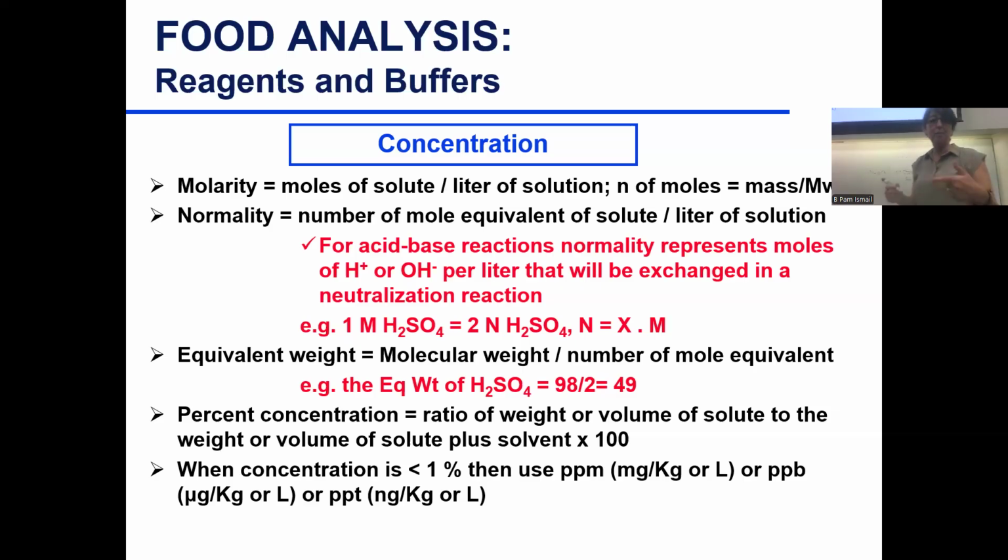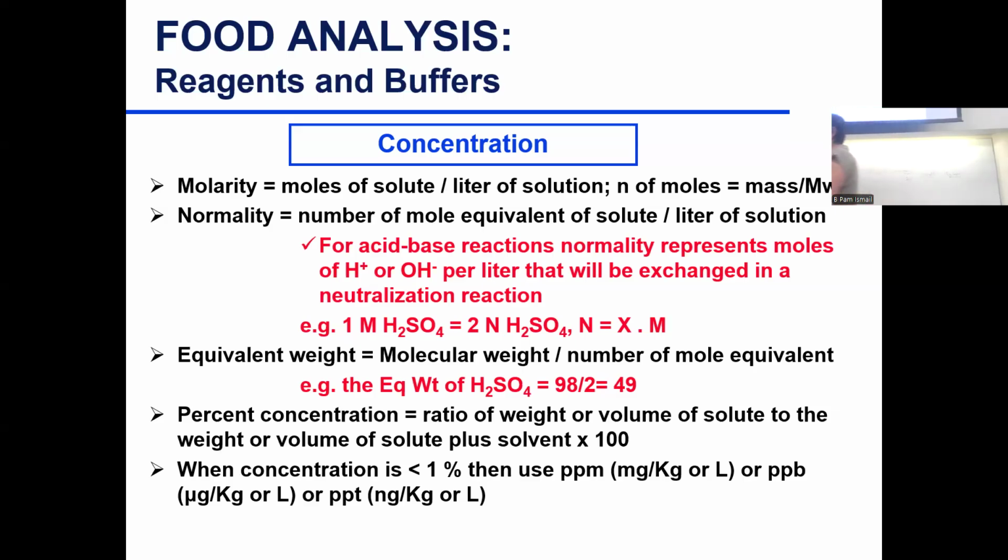Normality is number of moles equivalent of a solute. What does that mean? Sometimes you have multiple hydrogens or hydroxyl groups that are transferring in an equation. H2SO4 has 2 hydrogens, or protons, that can transfer, whereas HCl has 1 hydrogen.